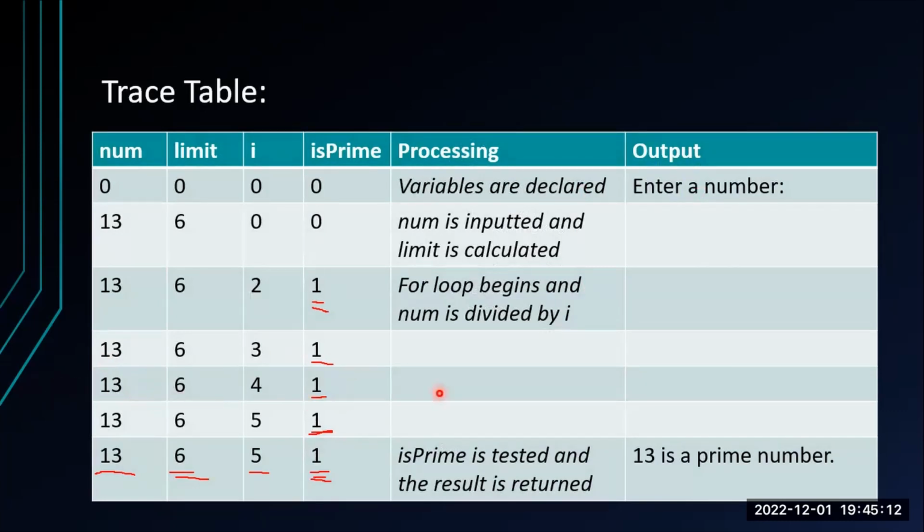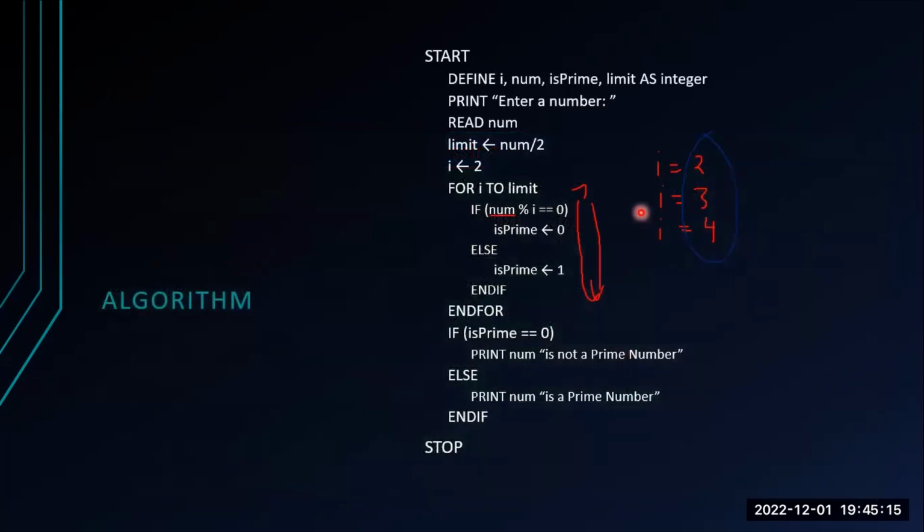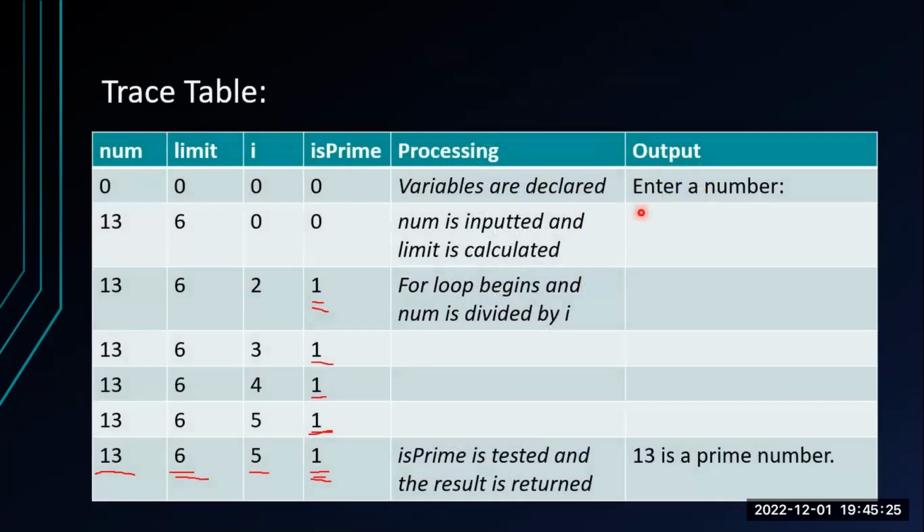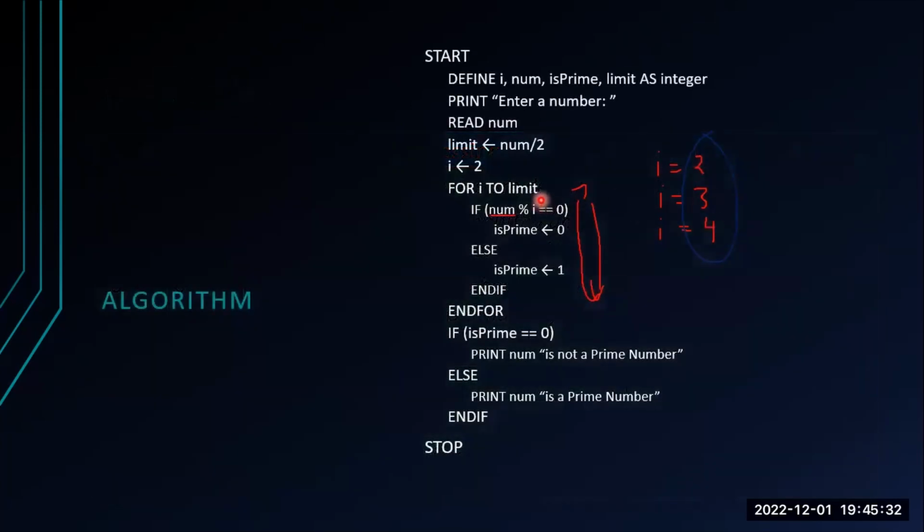So we keep going for 4. So if 13 is divisible by 4, then its prime is equal to 0, and otherwise its prime is equal to 1 as before. And it should remain as 1, and then for 5 should be the same. So when we get to 5, that will be the last number that would be iterated, and then upon iterating again and hitting 6, it would break out of this loop and then come down here.